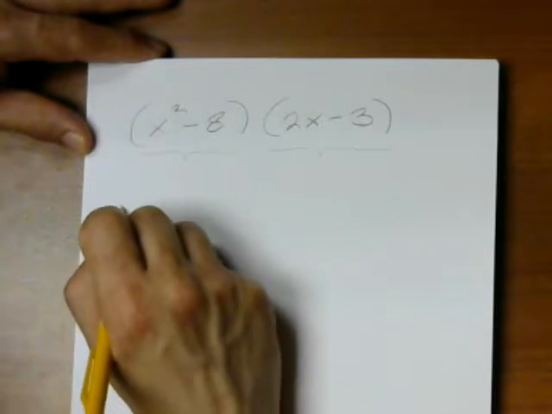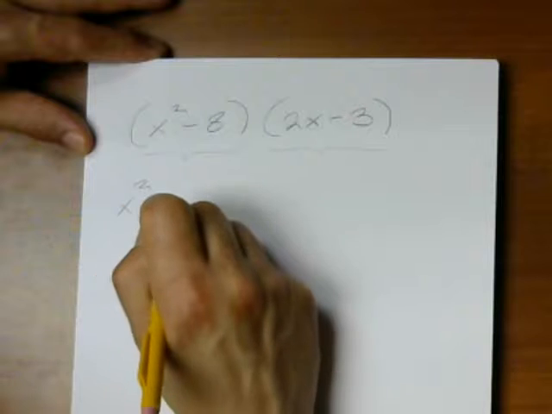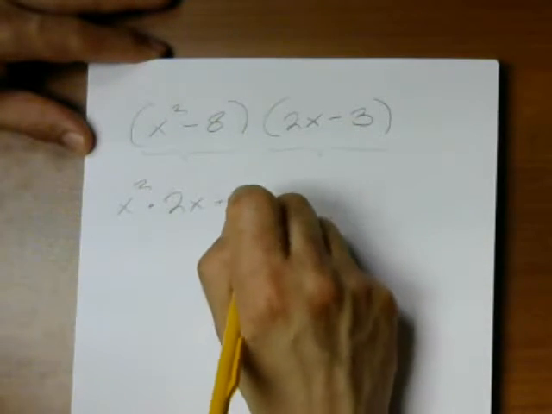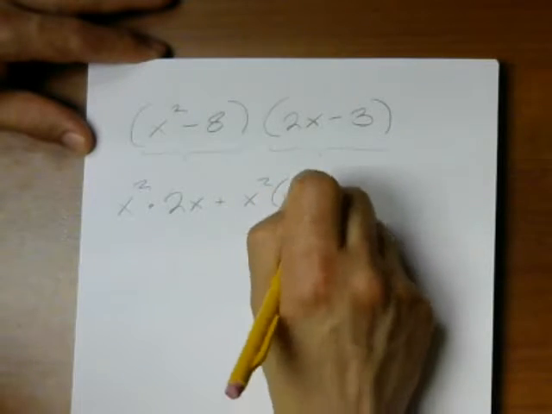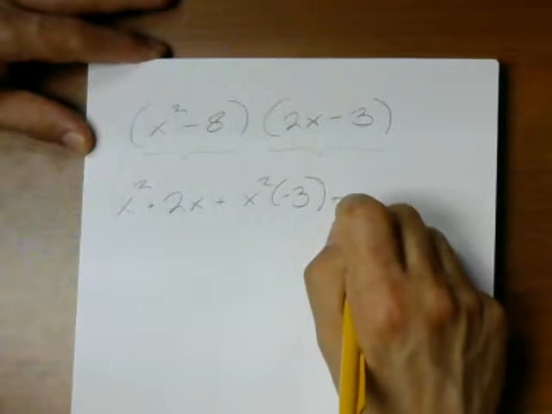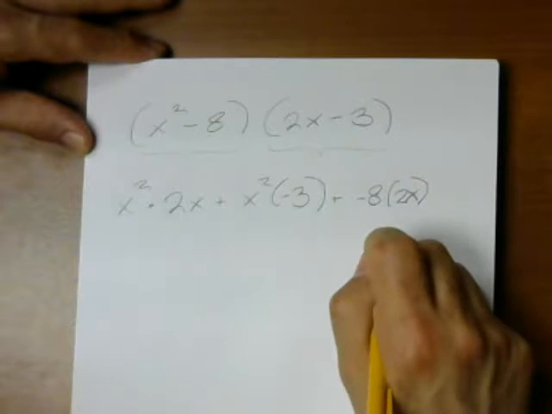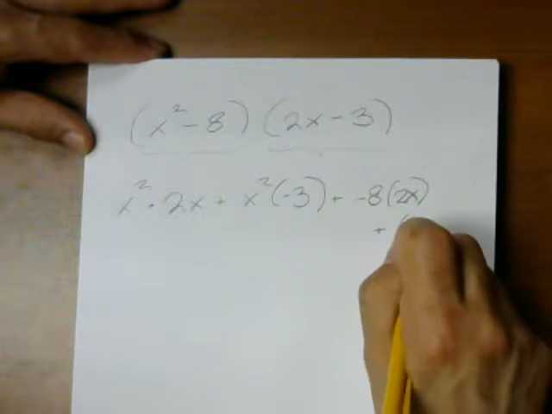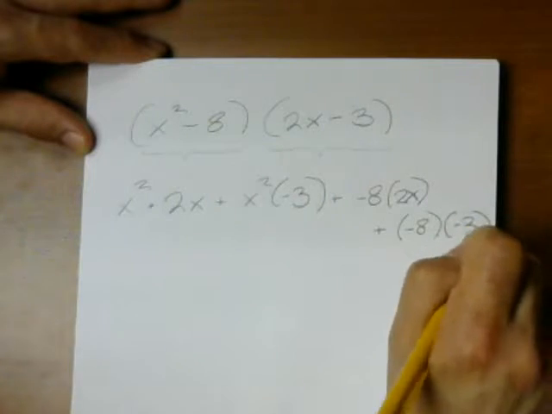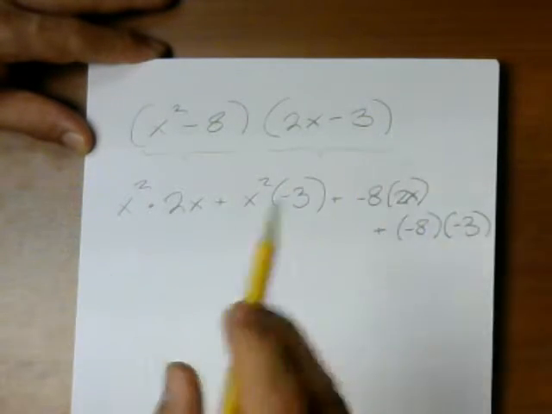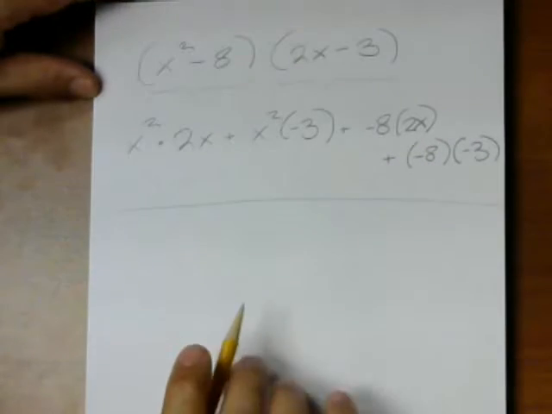So I need to take this, I need to take this, I need to take this, and I'm running out of room here, I need to take this. So each of these two terms has to multiply each of these two terms. And what do I get?